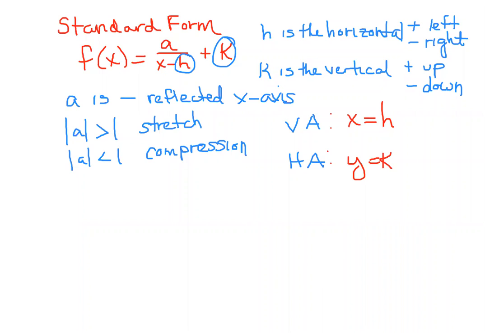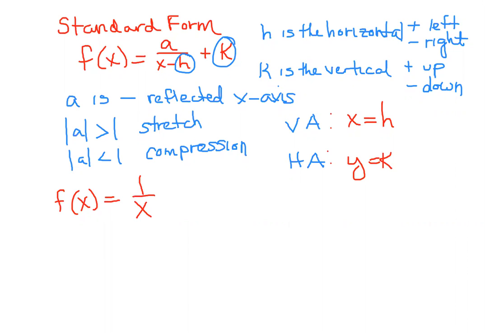So let's work on these examples right here of writing the functions from words. Okay, number one, the reciprocal parent function is translated 4 units right and 3 units down, then reflected across the x-axis. So let's see what we can do there. Okay, so the parent function, remember, is just 1 over x.